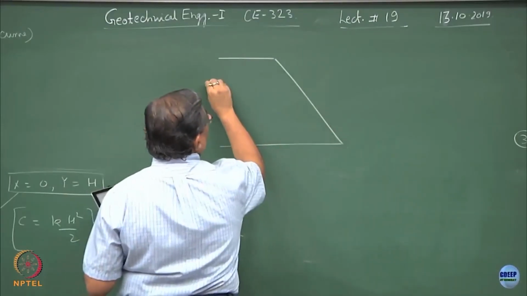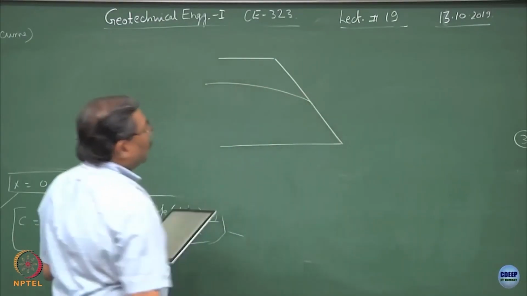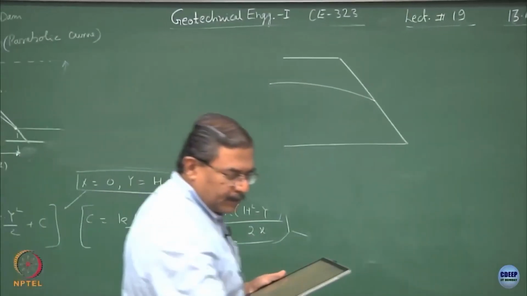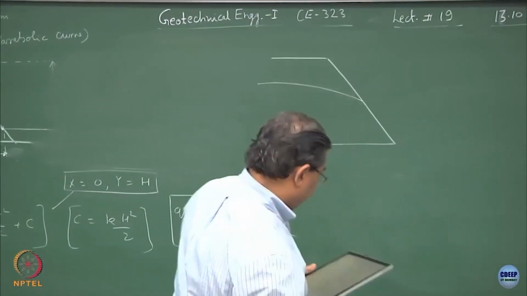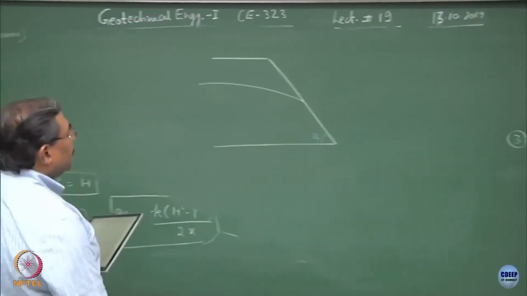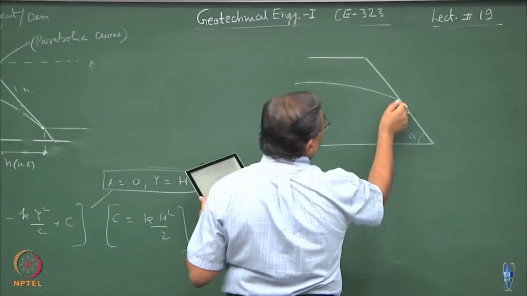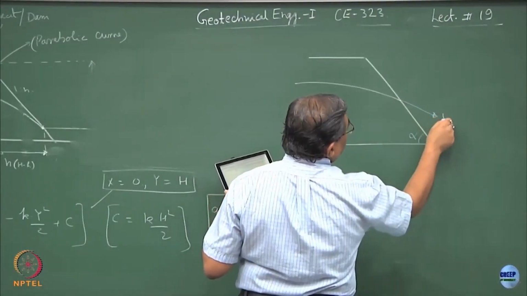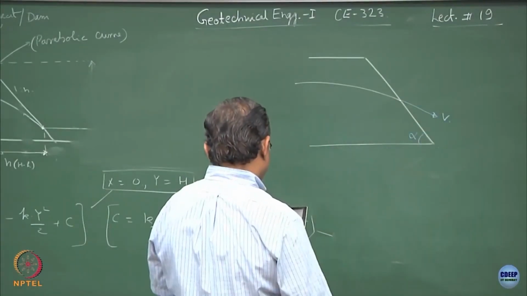downstream where the top flow line comes and cuts the embankment, and if this is the alpha value, this is the velocity of the water.